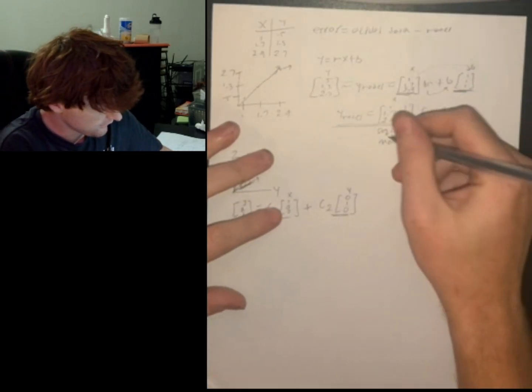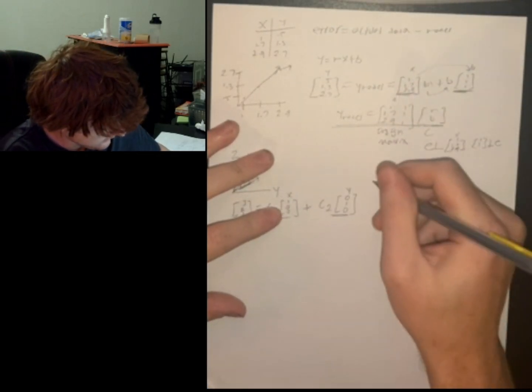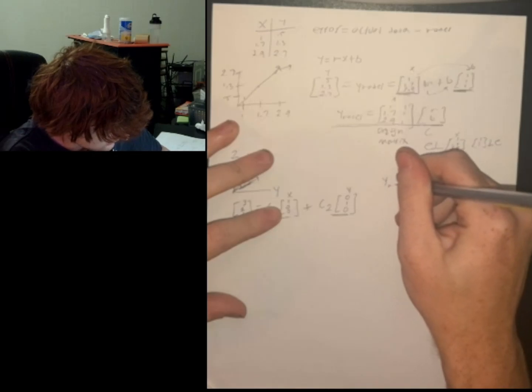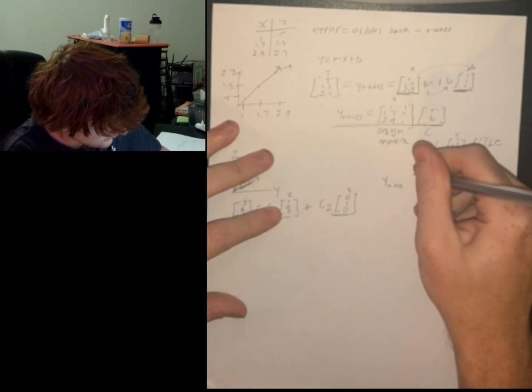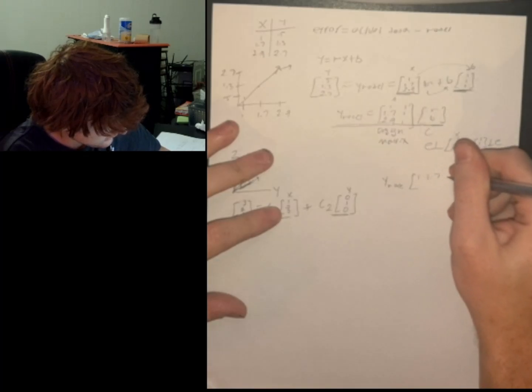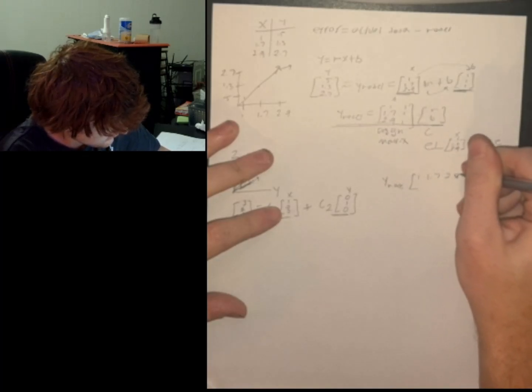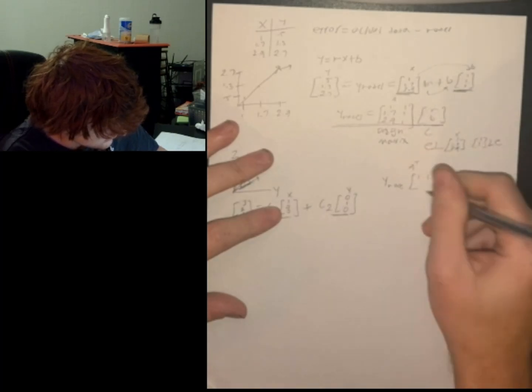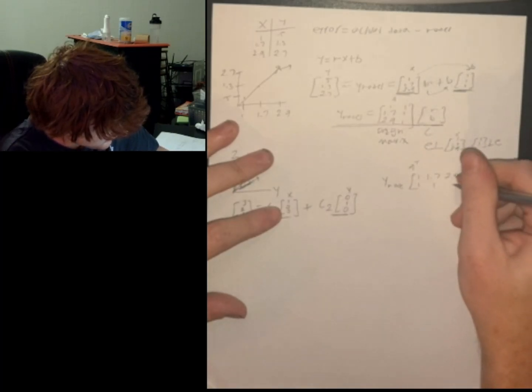So we'll transpose our A to be Y, and transpose it to be 1.7 and 2.9. We'll go ahead and label it AT real quick, and then we'll have 1, 1, 1.